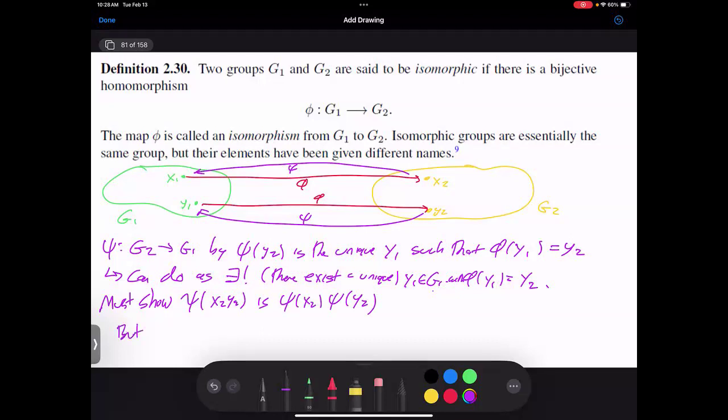Do you have any thoughts about what element might go to x2, y2? If I give you some element here, any thoughts about what element is sent to x2, y2? Good.